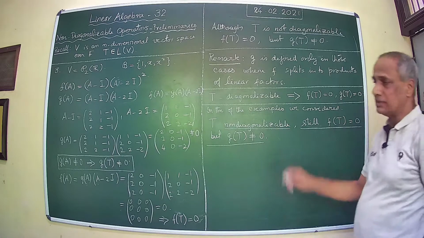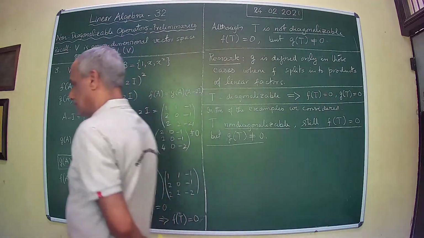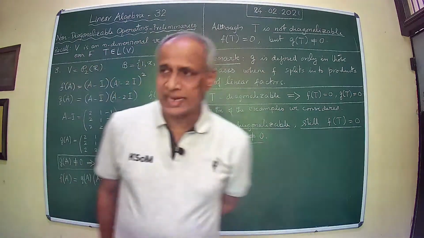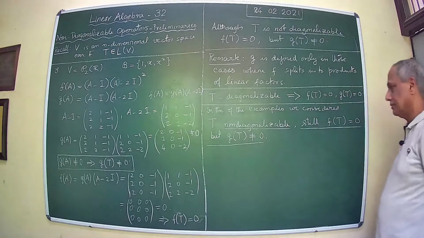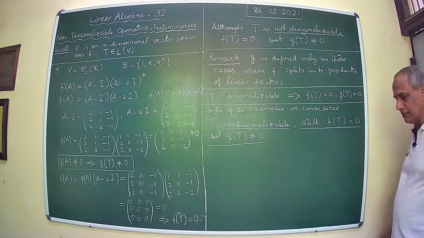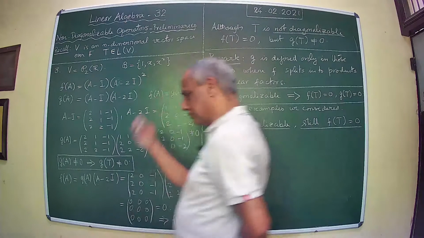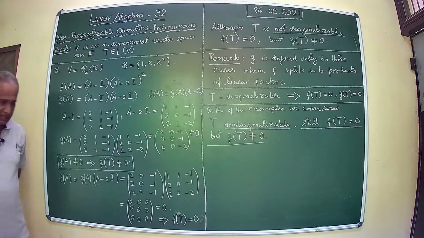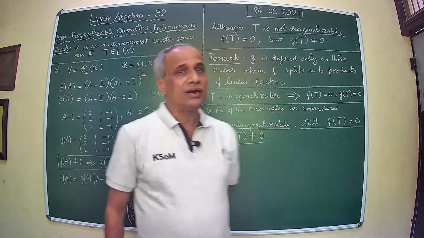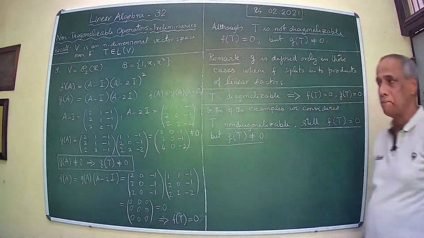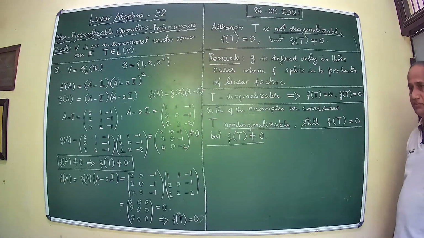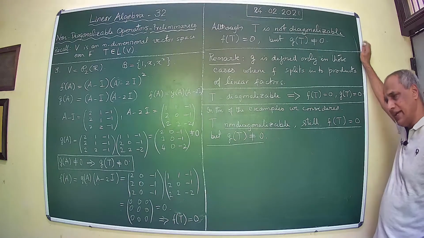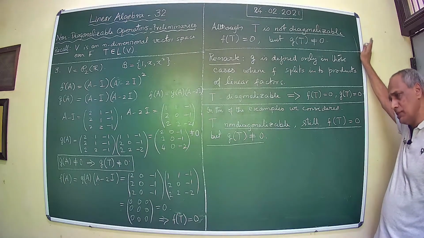g of t may not be defined in some case as the way in which we have defined it, as we have seen in that simple case of V equal to P1, where we found that the moment we went to the case of P1, the operator was diagonalizable. In that case, we had both f and g identical. In that case, f of t was 0, g of t was 0.